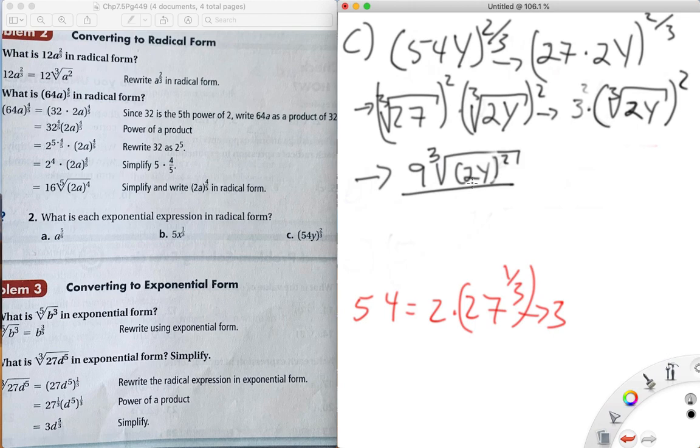And that will be my final answer. So I divided 54 by 2 so that I can get the cube root of 27, which is 3. Then I squared it, which is 9. Then I multiply that times the cube root of 2y squared. It's a little tricky. It's about as complicated as these problems are going to get.